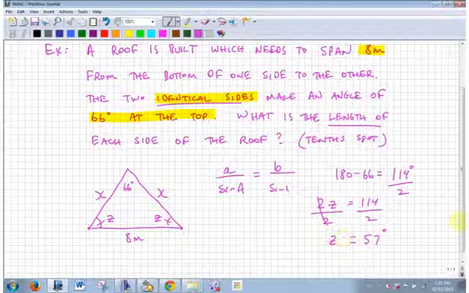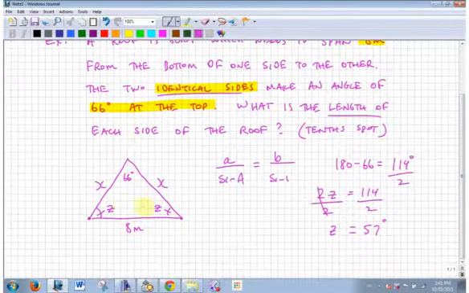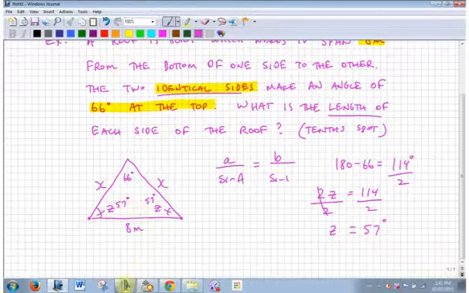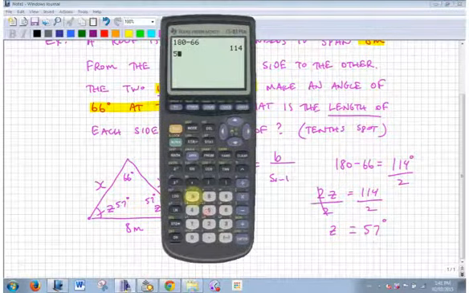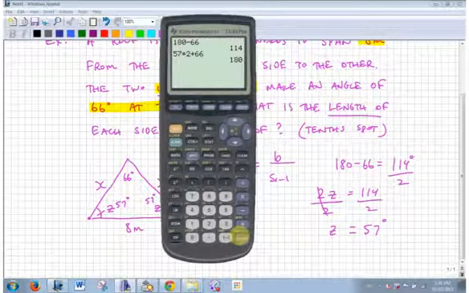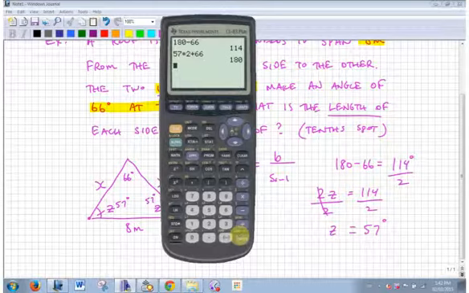Okay? Does that kind of make sense? That's 57. That's 57. Let's double check. These have to be the same. It's an isosceles triangle. Are they the same? Yes, they are. And 57 times 2 plus 66. Any three angles in any triangle have to add to 180, do they? Yes, they do. So it's got to be right. Okay?